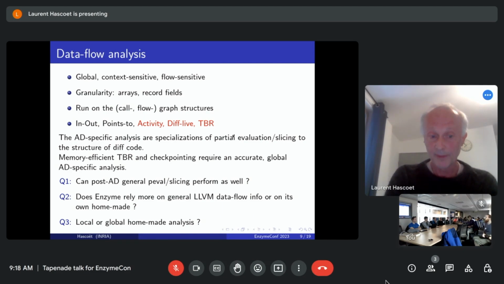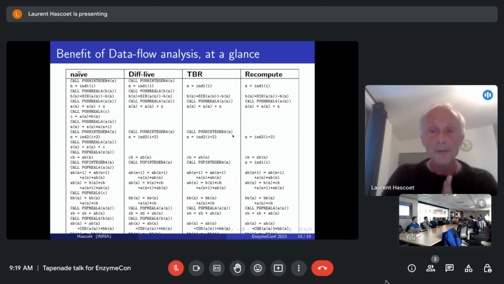And these homemade analyses, do you think you need to have them local on some window of the LLVM code, or do you think they need to be global and need to extract information from distant places? Well, these are the questions I would ask.